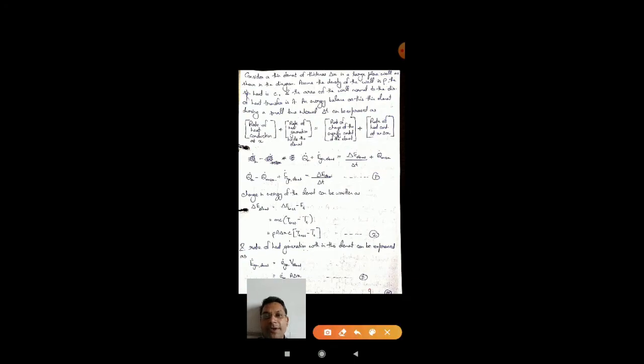The energy balance is the rate of heat conduction at x, that is qx, plus the rate of heat generation inside the element, that is E dot gen. Just reminding you that E dot gen is a volumetric phenomenon. Then the rate of change of energy of the element, plus the rate of heat conduction at x plus delta x. This is the energy balance equation. Just go through it.